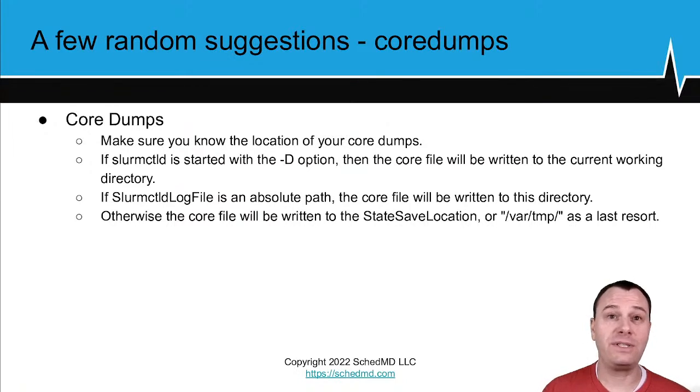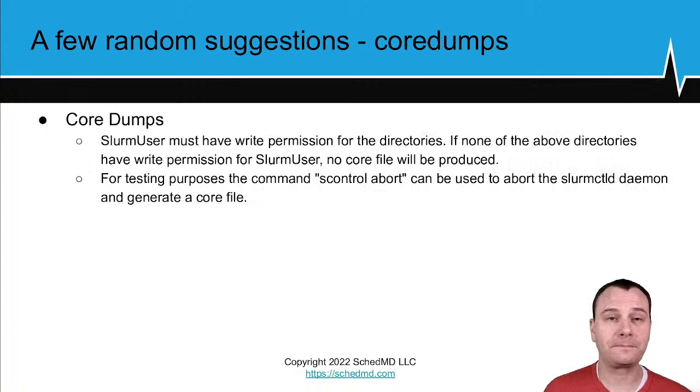If the slurmctld is started with the -D option, then the core file will be written to the current working directory. If the slurmctld log file is an absolute path, the core file will be written to this directory. Otherwise, core files will be written to the state save location or /var/tmp as a last resort.